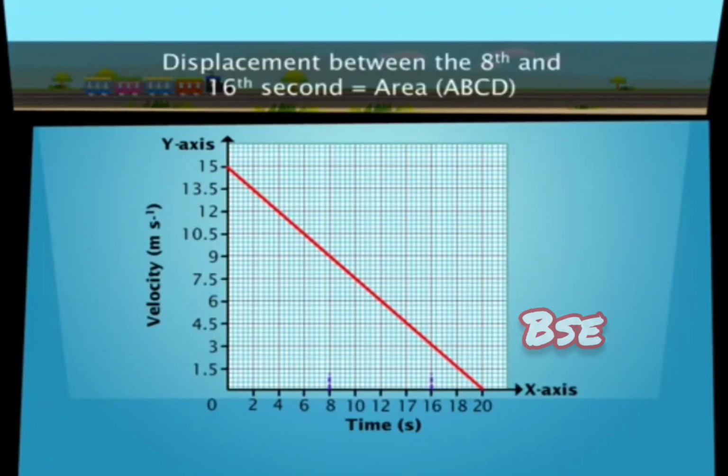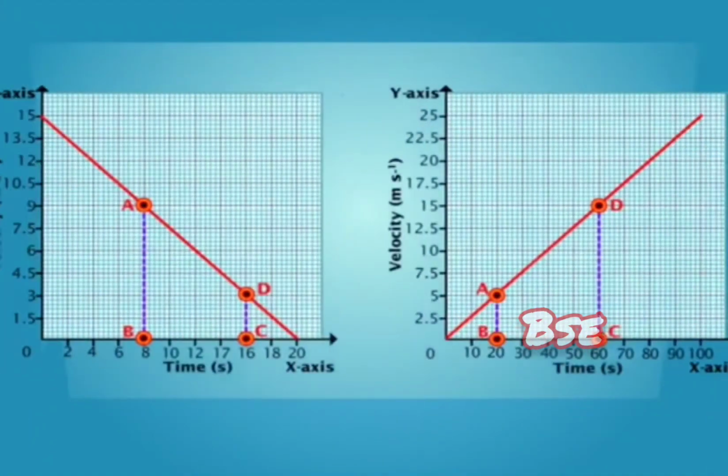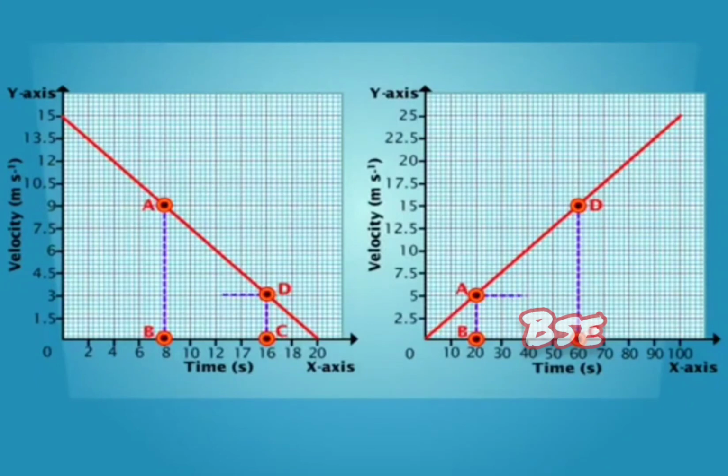Its displacement at any interval of time can be calculated by constructing a quadrilateral and calculating its area. Just as we did when we calculated the displacement of the car in uniform acceleration.